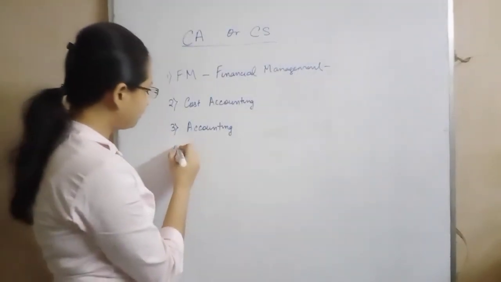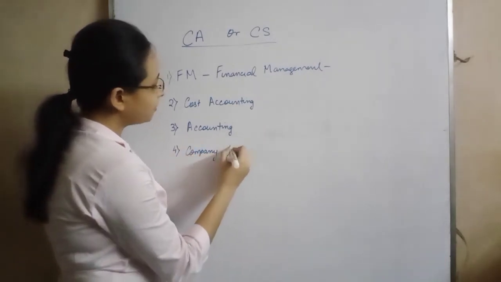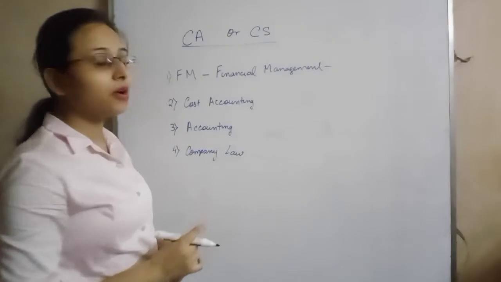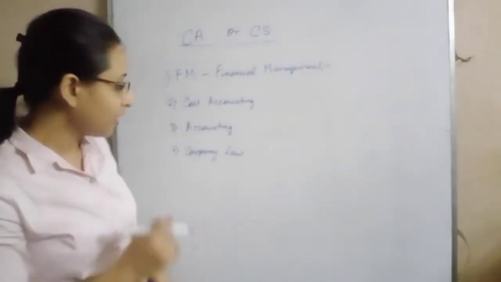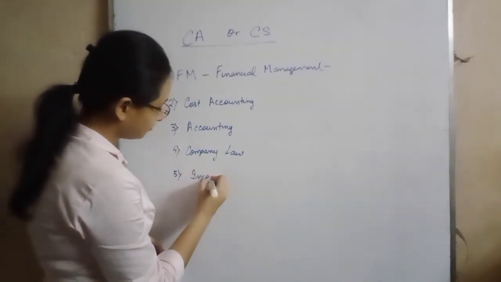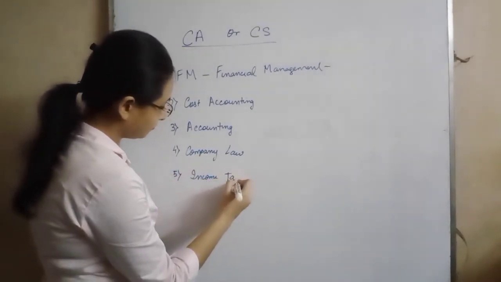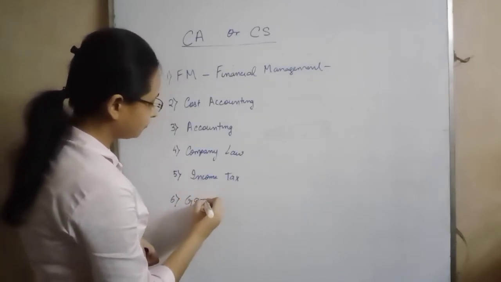Fourth, we have company law. These are about the rules and regulations that are present in the company. Fifthly, we have income tax. And lastly, we have GST.